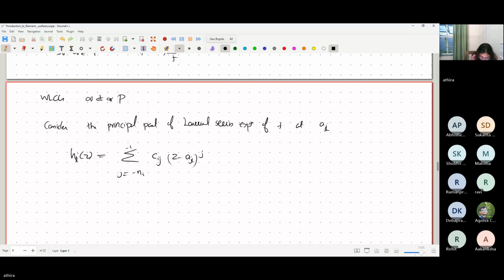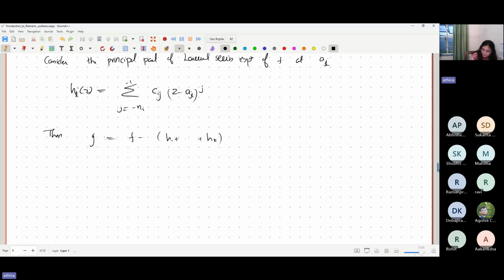Then I am defining g as f minus all the principal parts. Then this g is holomorphic on P1. By eliminating all principal parts from f, this becomes holomorphic.